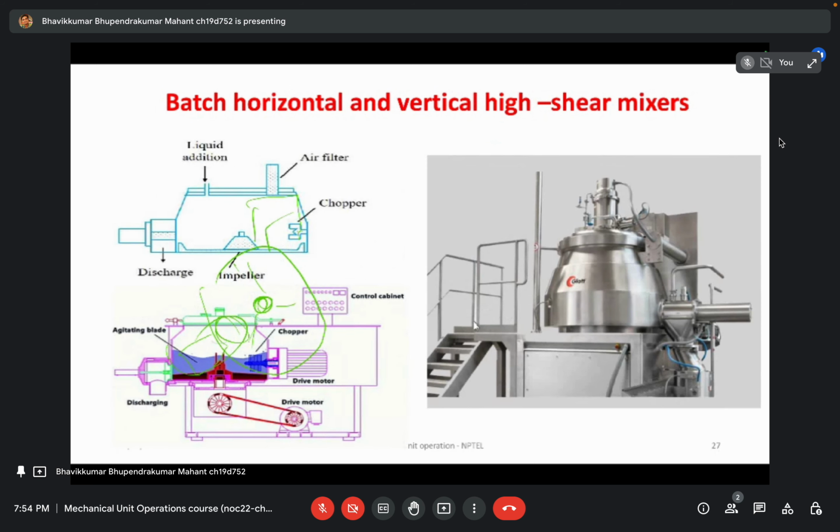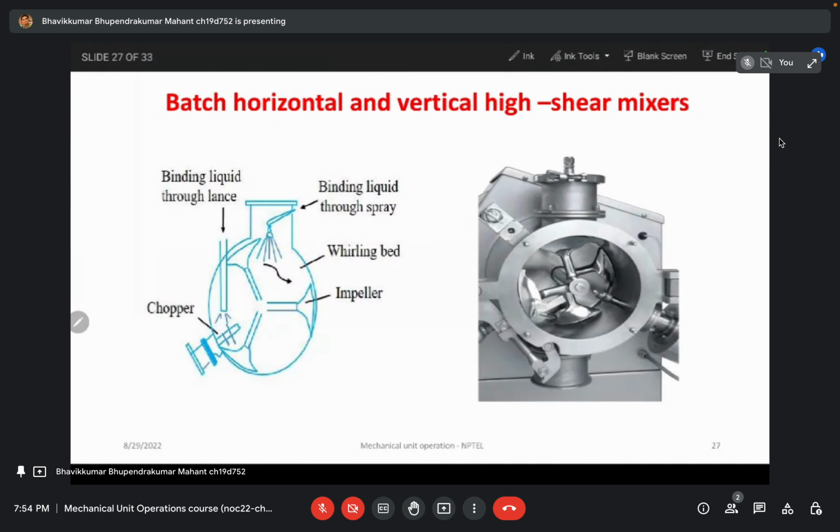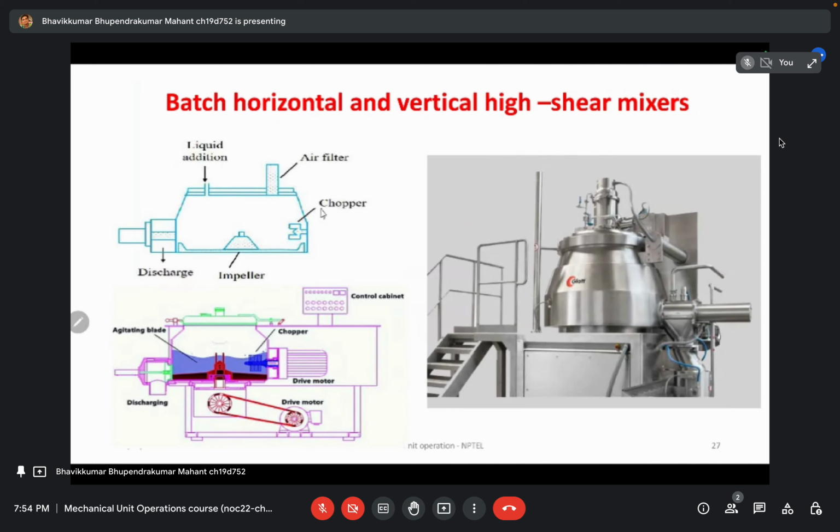Now the vertical mixer. In the vertical high shear mixer, as you can see, the impeller and everything is on the vertical side rather than the horizontal side.